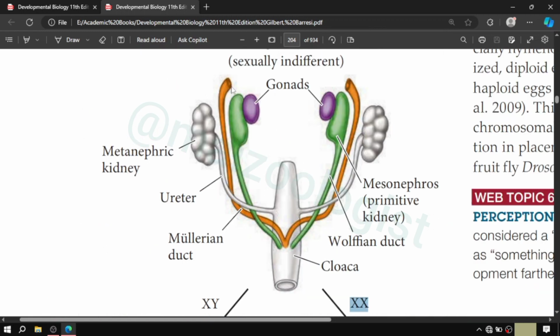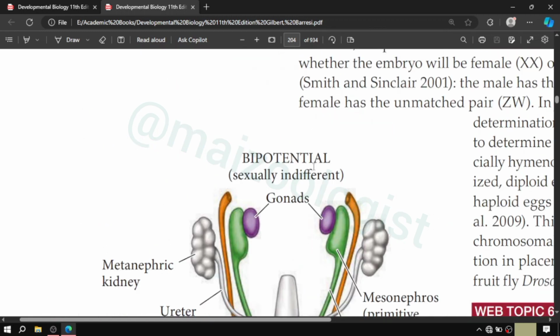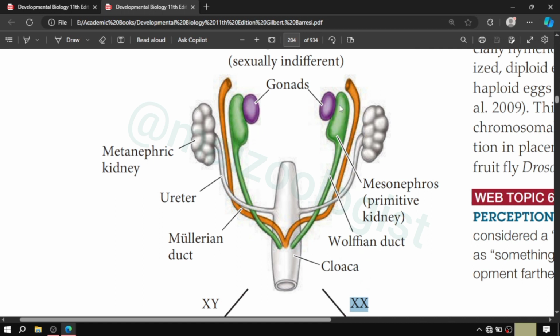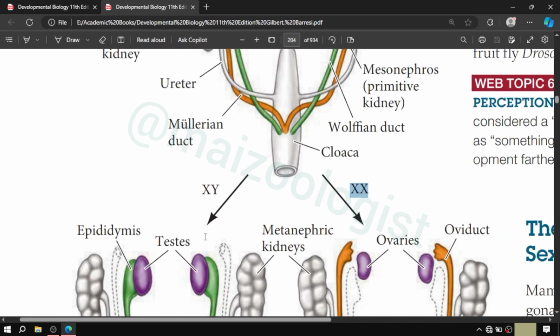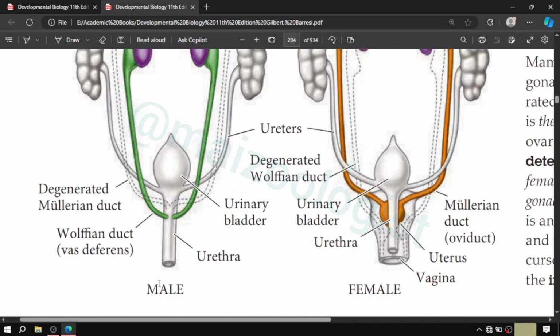Another important thing is that in this sexually indifferent, or indefinite, or bipotential gonad, or gonadal rudiment, you can see that both the Wolffian duct and the Mullerian duct are present. But in males, only the Wolffian duct is present and the Mullerian duct is degenerated.